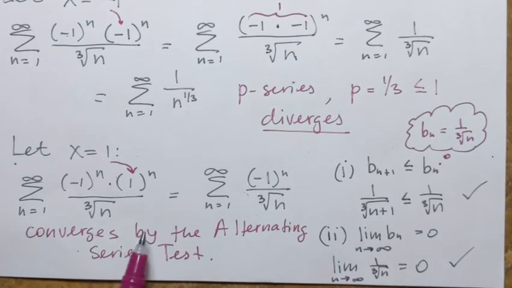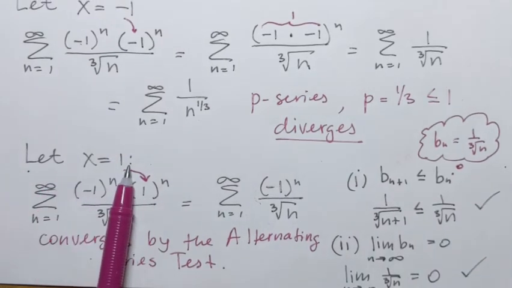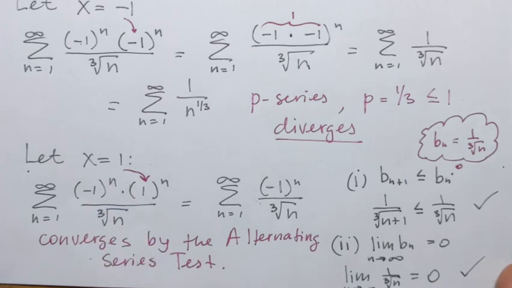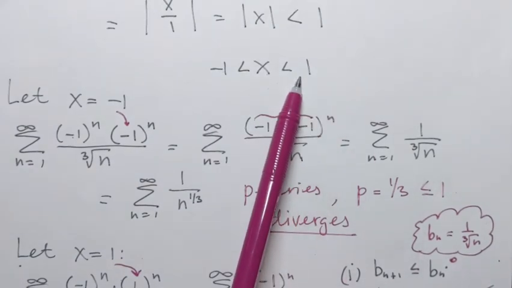Okay, so what does that mean? That means that at x equals 1, the original series converges. And that means that when we talk about the interval of convergence, we will be including this endpoint.